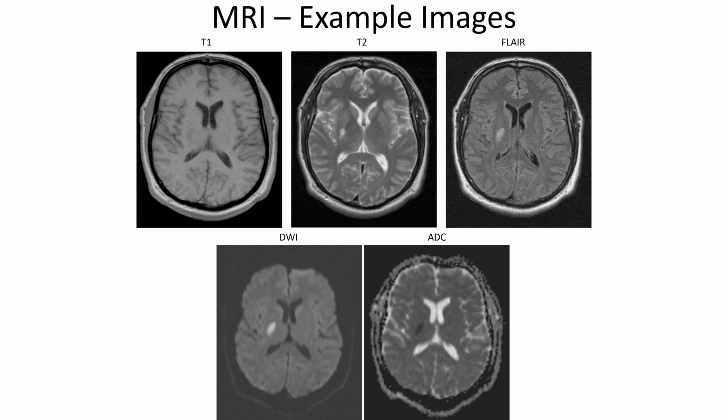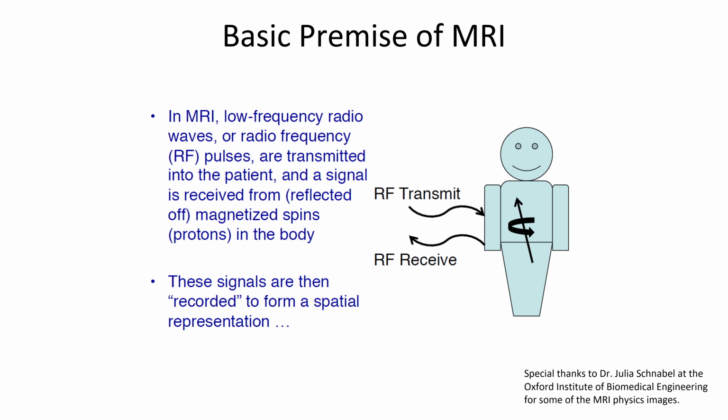Now, what is the basic premise of MRI? What's the mechanism? It might seem quite confusing at first, so I'm going to explain it in a couple different ways, and hopefully one of those sticks and makes sense to you. But we're going to start really basic. So the most basic way of explaining this is that we're going to put you in a magnetic field, and all your protons are going to align in the direction of the magnetic field.